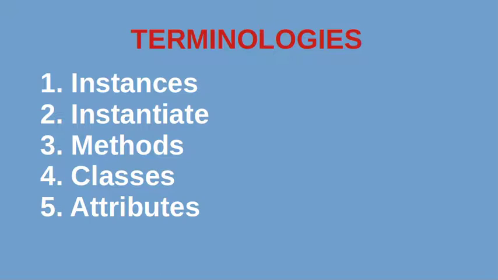A method is a function, just like the normal functions we use, but it exists inside of a class and takes the self argument as the first parameter. So a method is basically a function that exists within a class block. An attribute is a property that a class has. Knowing these basic terminologies, let's get to the code and work with classes.